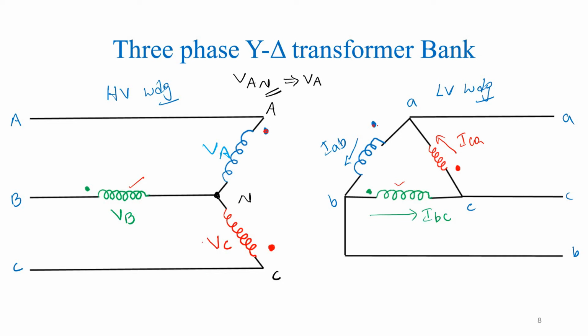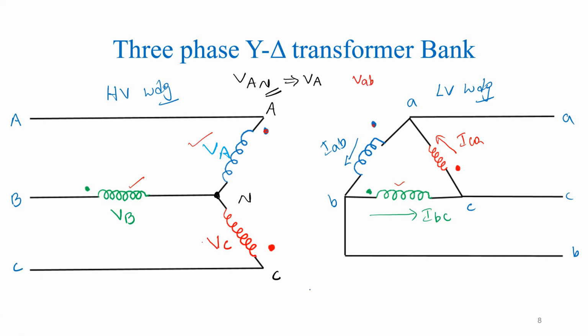And the dot convention is the same here and here. We have represented the dot at the same position. So these quantities are in phase with each other. Whatever voltage is measured across this winding is in phase with the voltage measured across this winding. Let us say the voltage measured across AB is VAB.